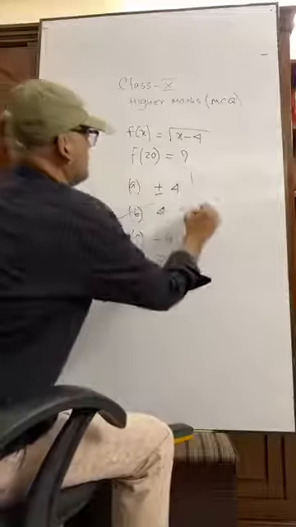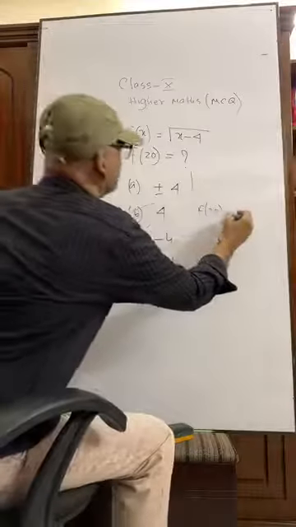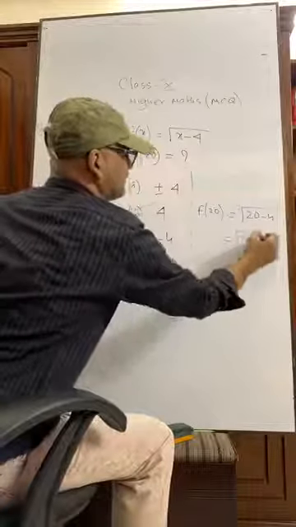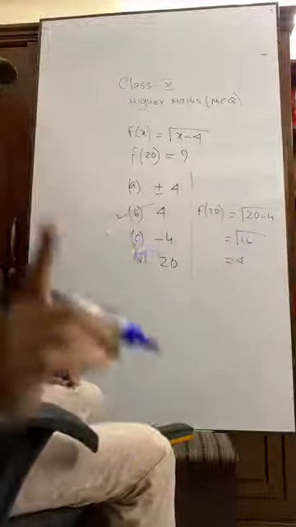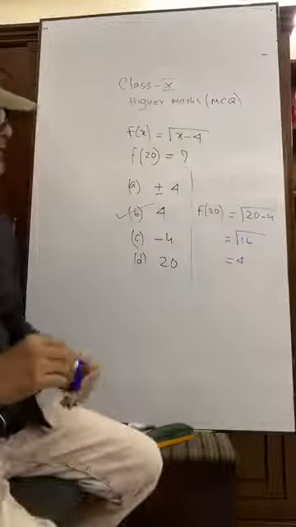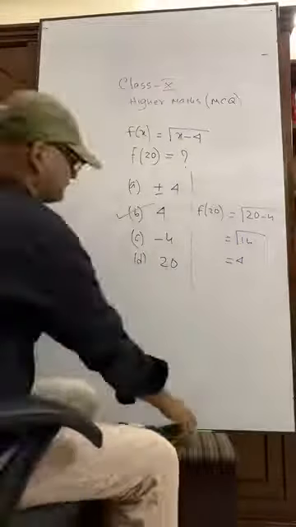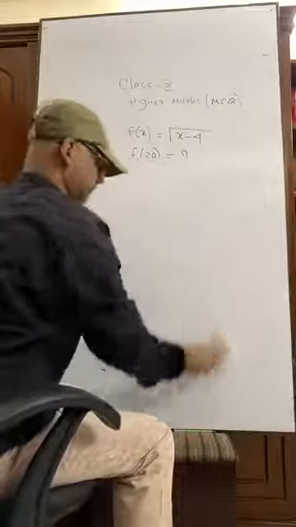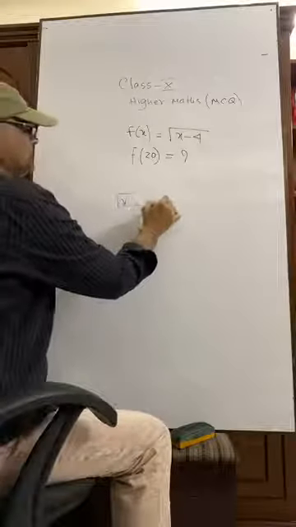Suppose f of 20 is equal to root over 20 minus 4, that is root over 16. It is equal to only 4, not plus minus 4, because root over x is always a positive number.